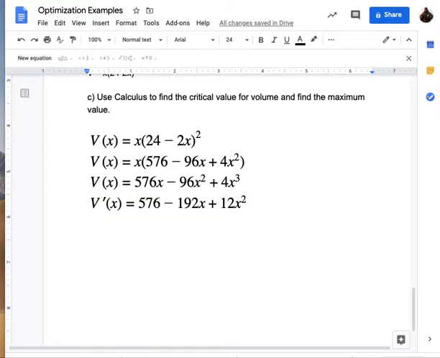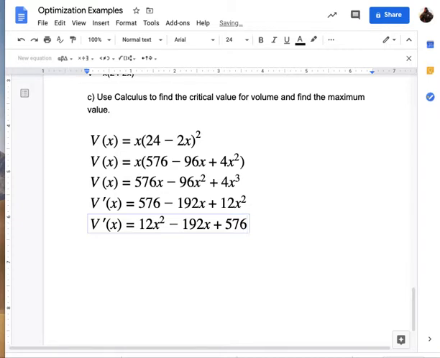Personally, for me, what I would do to this is I would reorder it. You got a positive 12x squared, so you could bump that out to the front. V prime of x equals 12x squared minus 192x plus 576.